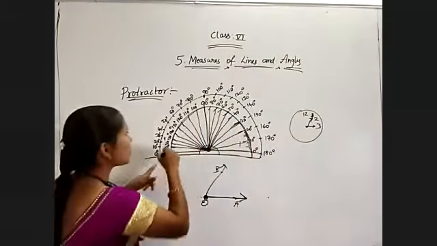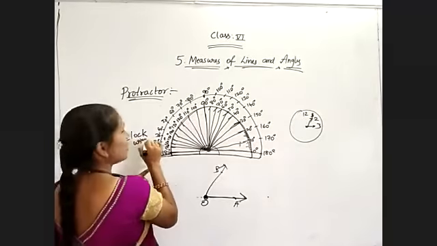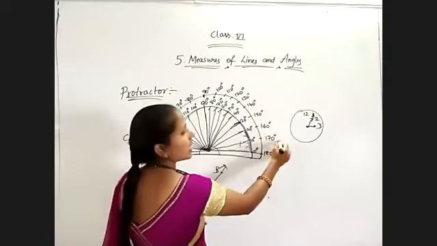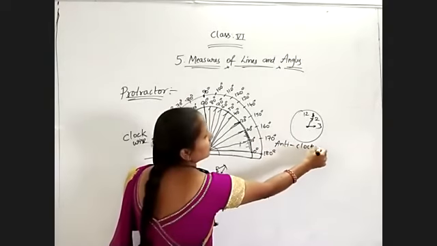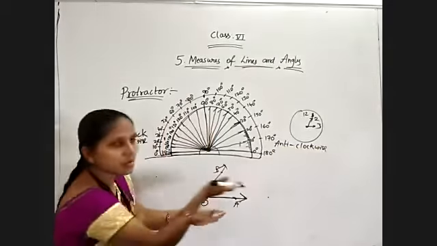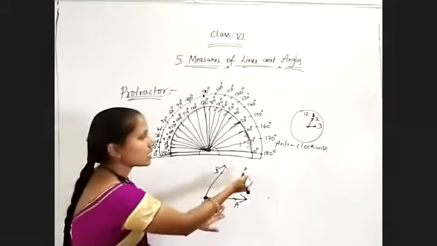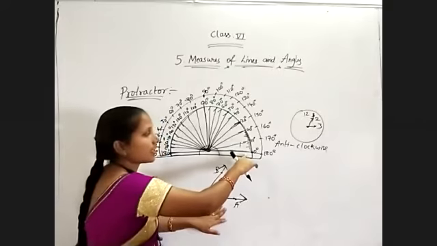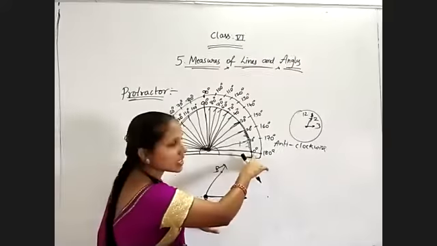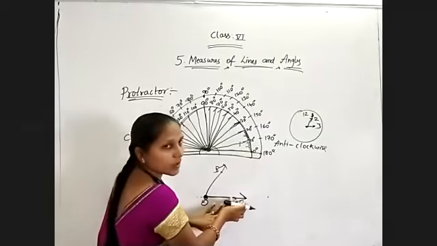So left to right direction is clockwise, and right to left direction is anti-clockwise. So if your arm is at the right side, you need to move in anti-clockwise direction. That means the lower values. When we are talking about anti-clockwise direction, we need to take the inner values, where we are getting 0 as the starting point. So those inner values we must take.